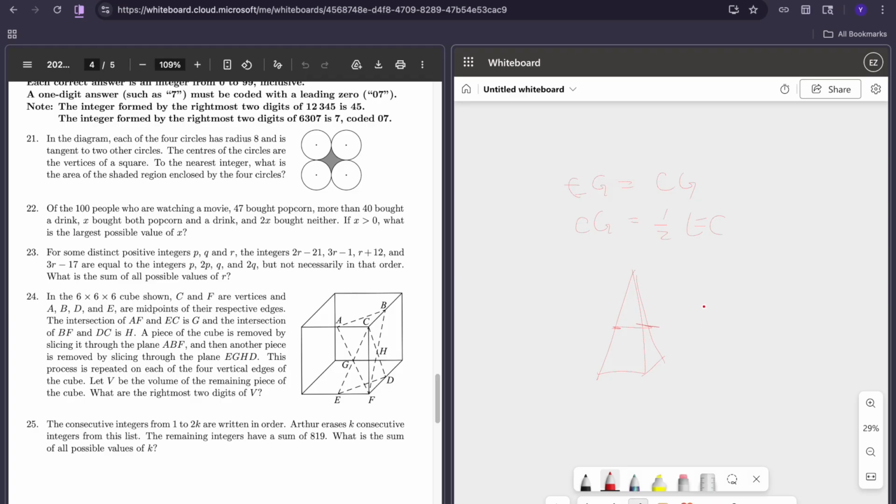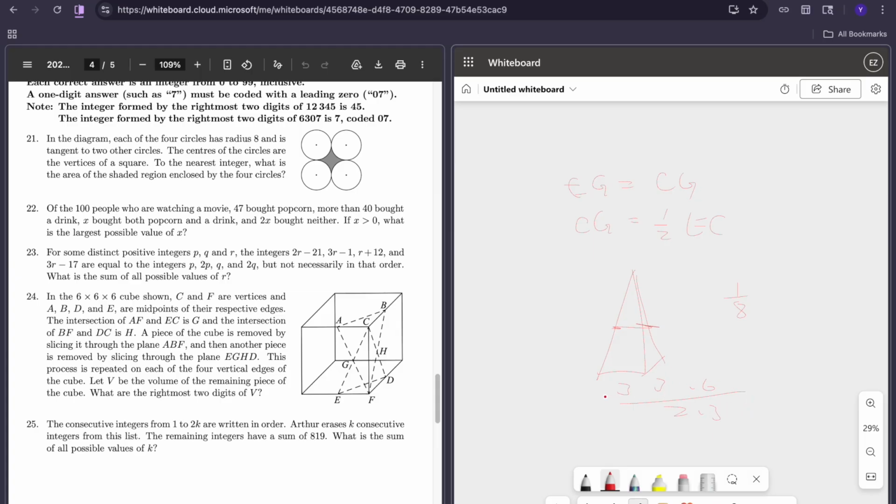So based on what we learned, if every side length is half, then the volume will be reduced by 1/8. So this means originally this one should become 3 times 3 times the height, which is 6, times 6. Then over 2 because the base is a triangle. Then over 3 because it's a pyramid.